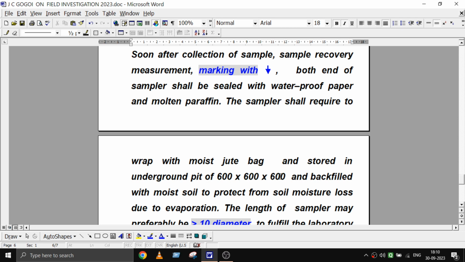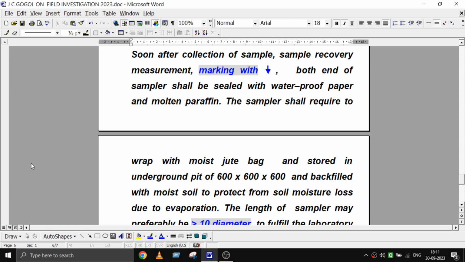The depth shall be 60 centimeter, length 60 centimeter, and width 60 centimeter.